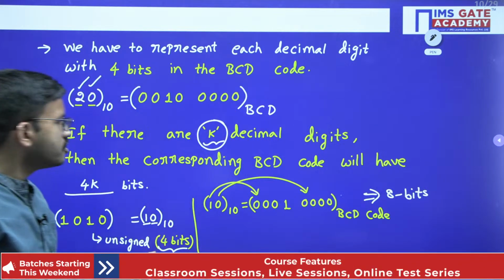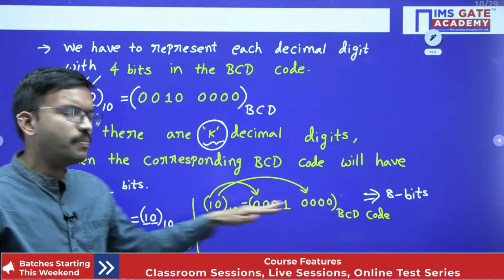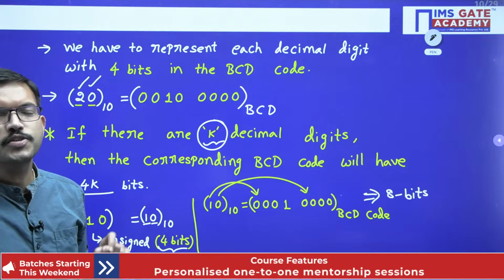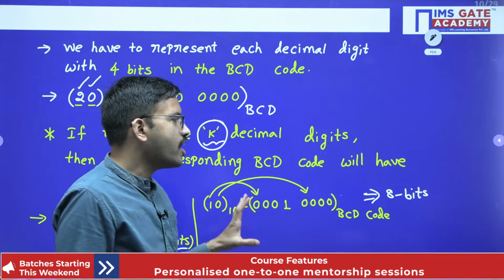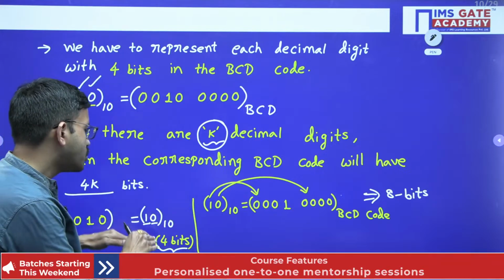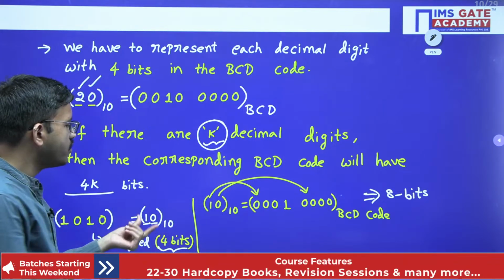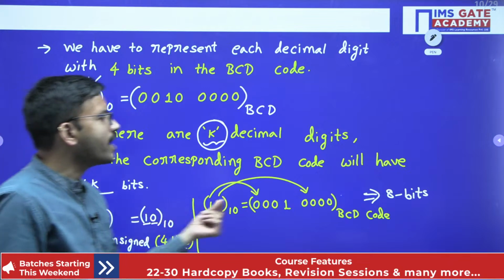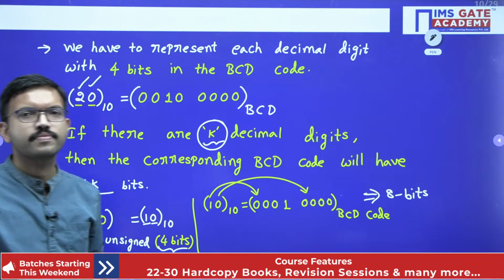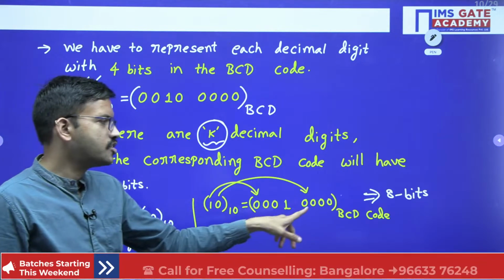This is the drawback. In the BCD code, we are getting more number of bits. You might have thought, why are we going for BCD, when we can represent a number with fewer bits? That is a drawback in BCD.